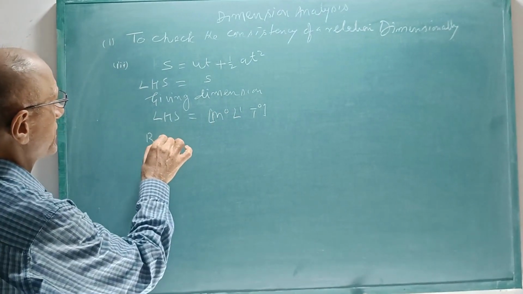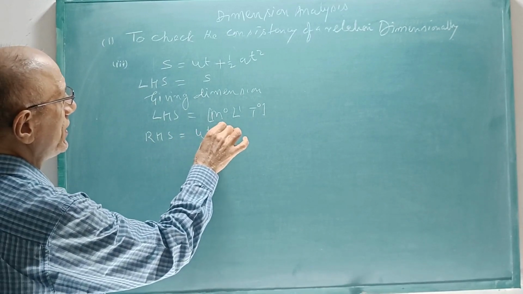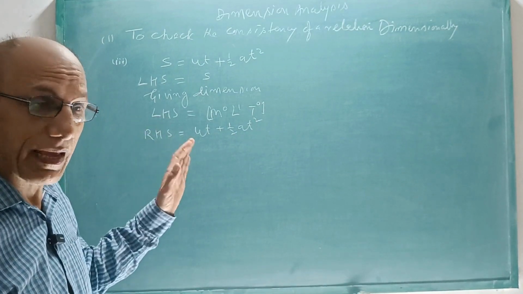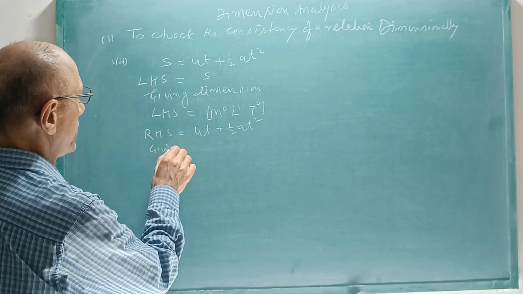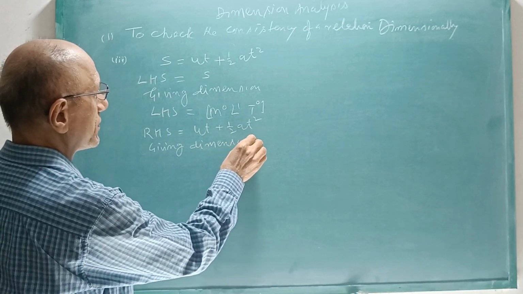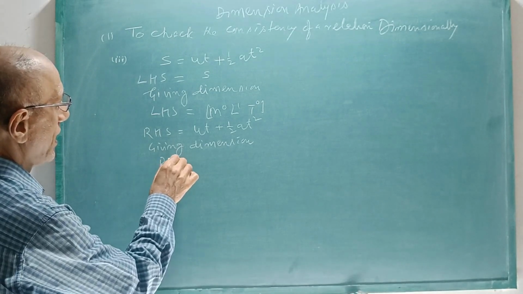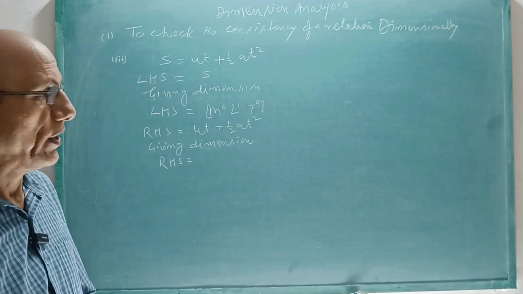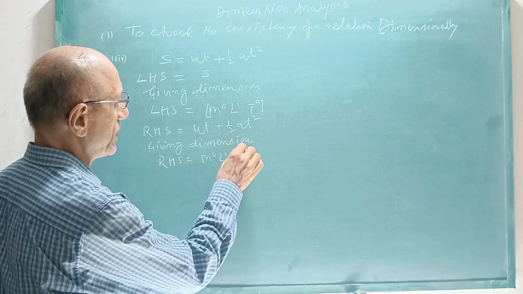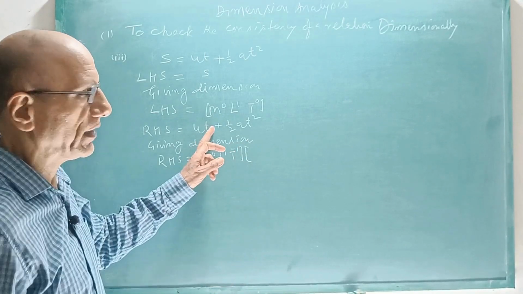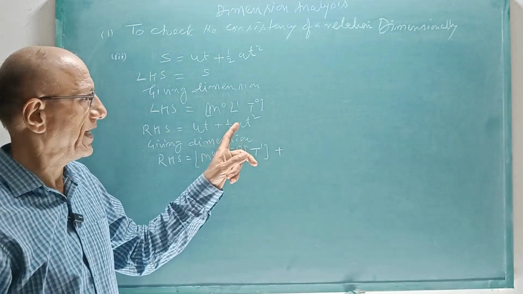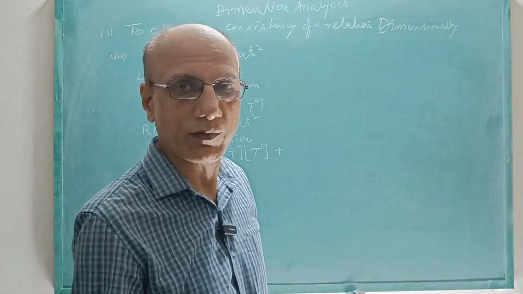Now we have RHS equals ut plus half at square. Now giving dimensions here also, we get RHS equals to, u is the velocity, that is M0 L1 T minus 1, t is time, plus half is dimensionless, a is acceleration, and what is the dimension formula for the acceleration?